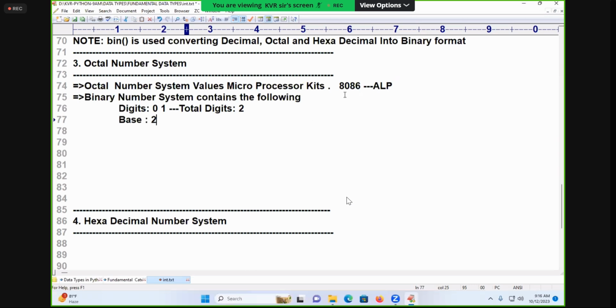Okay students, no issue. In 8086, you are executing the program. Whether they said or not, I don't know. But there is a mnemonics sheet. Even in our BE, when I was studying, there was ALP 8086. And what my sir taught, we don't know. God knows.